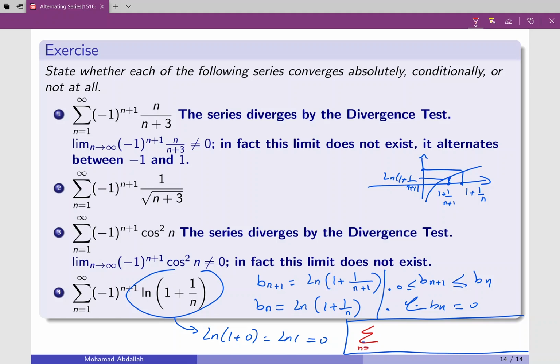Try to see whether the sum from n equal 1 to infinity of the absolute value of this, which is going to be ln of 1 plus 1 over n, no need for absolute value because I know it's positive, is convergent. I have the feeling that it's divergent. One way to do it, try to compare it with 1 over n, and see what you get. So as a result, that's going to be conditionally convergent.